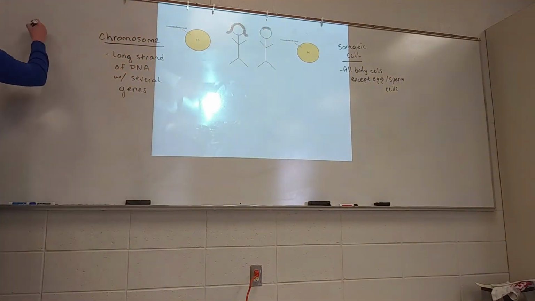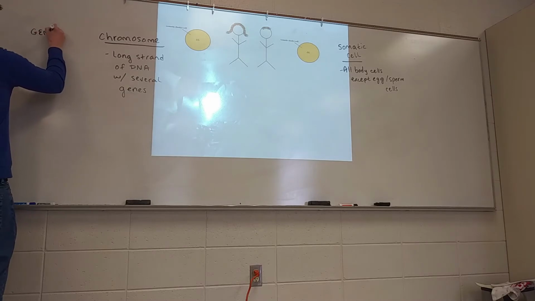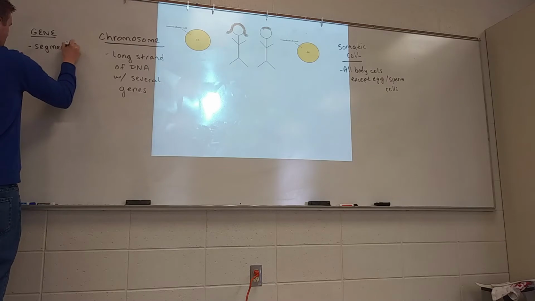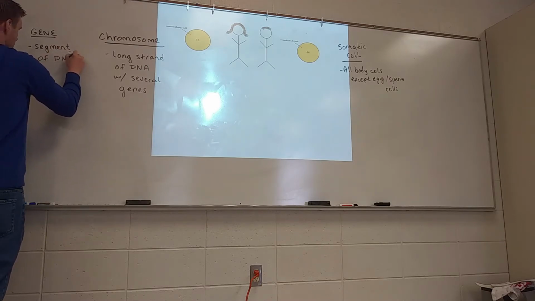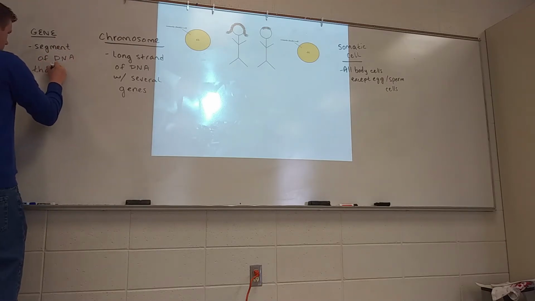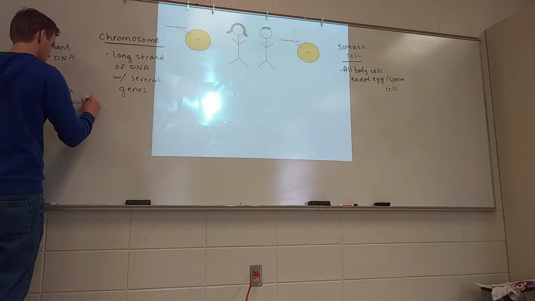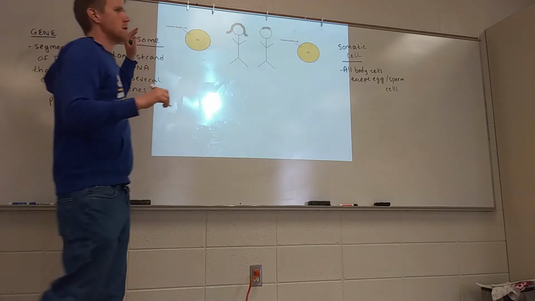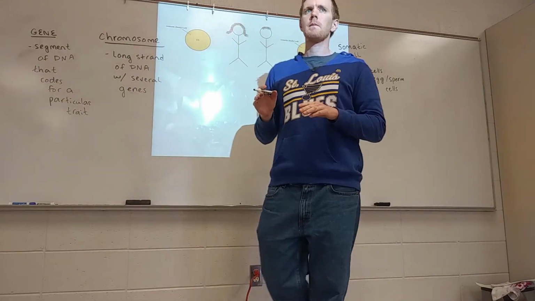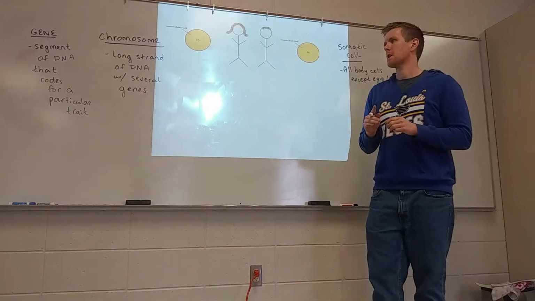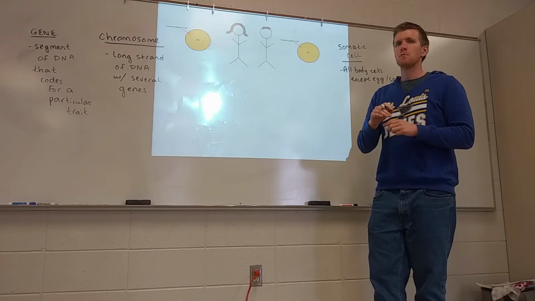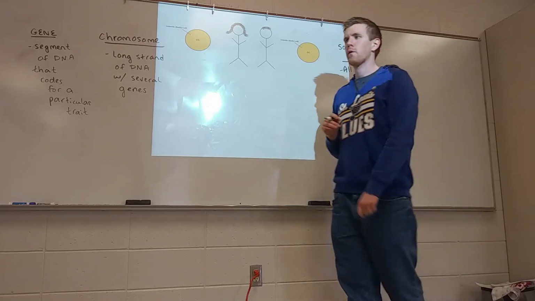What's a gene? A gene is a segment of DNA that codes for a particular trait. So, in other words, you've got these long strands called chromosomes, and each of them contains many different segments that code for particular traits.